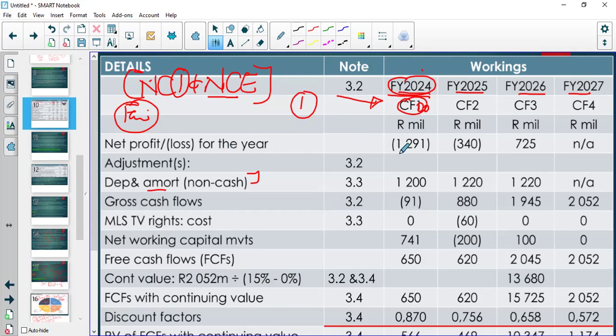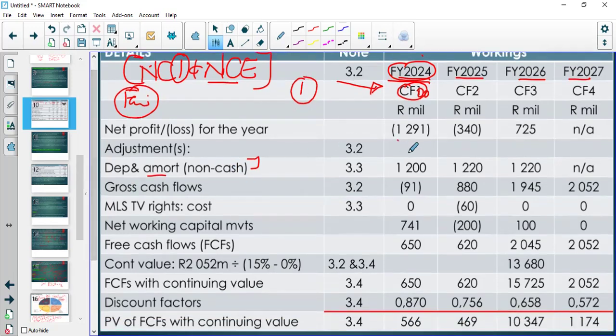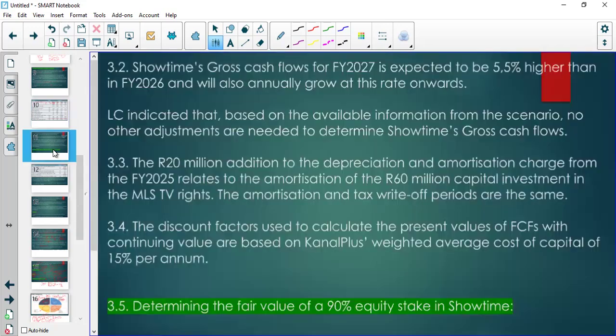And net profit or loss adjustments. This is boring. Right, so we have to add back depreciation and amortization. That's 3. The 20 million rand addition to depreciation and amortization charge from 2025 relates to the amortization of the 60 million rand capital investment in the MSL TV rights.